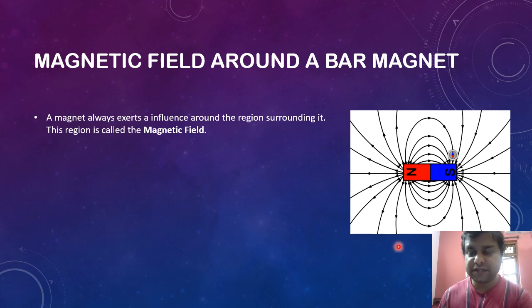If you have a look at this, this is a bar magnet, and you see how the movement is taking place. These are the magnetic field lines that we can see.